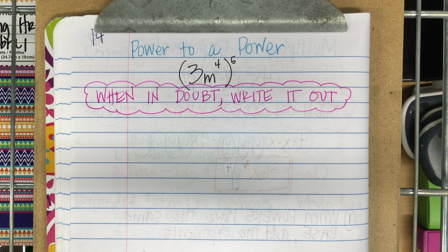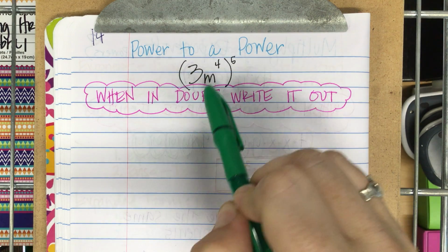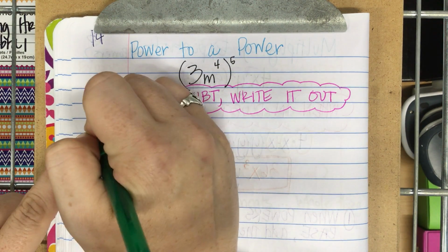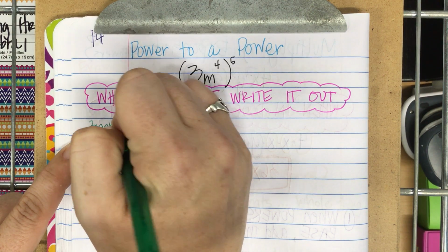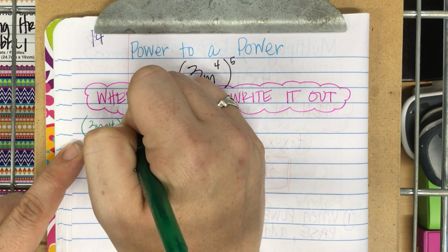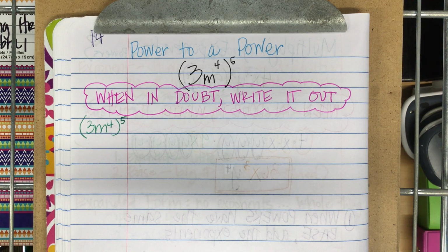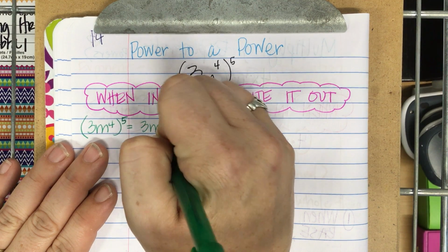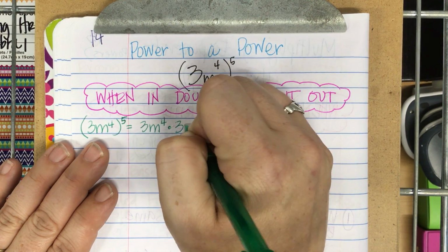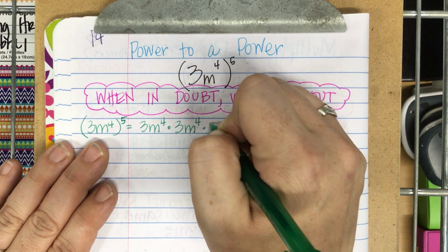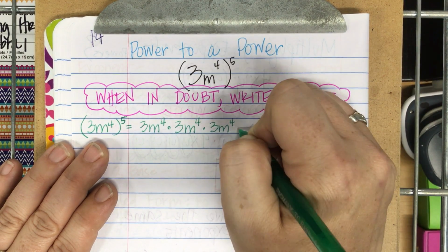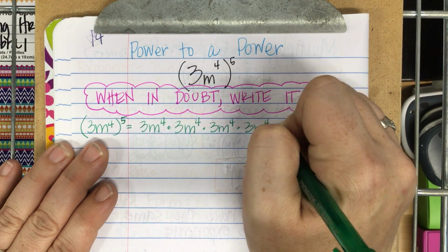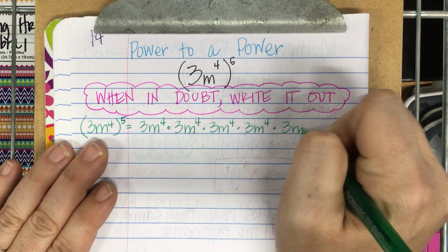What? I know in my mind that 3m to the 4th to the 5th is really 3m to the 4th times 3m to the 4th times 3m to the 4th times 3m to the 4th times 3m to the 4th.